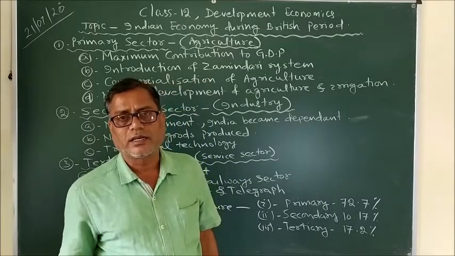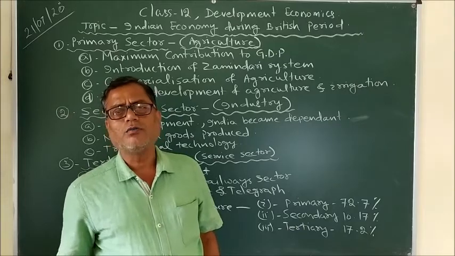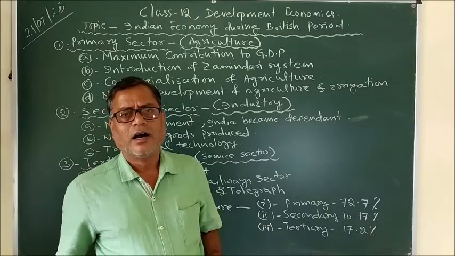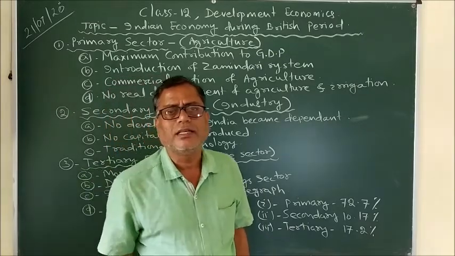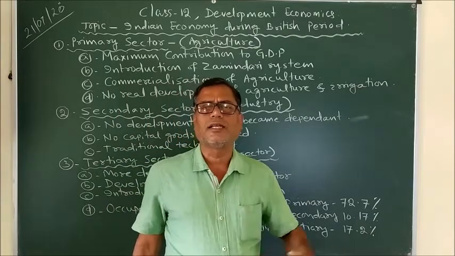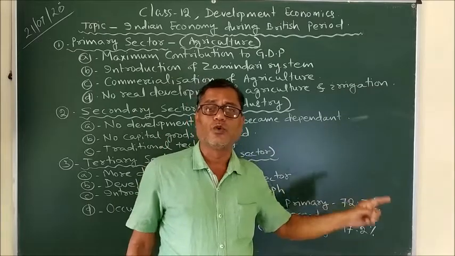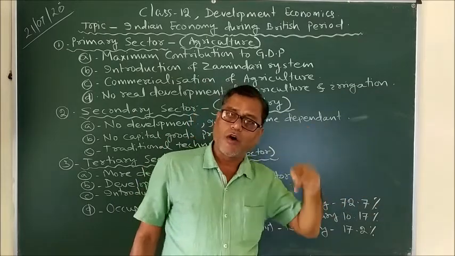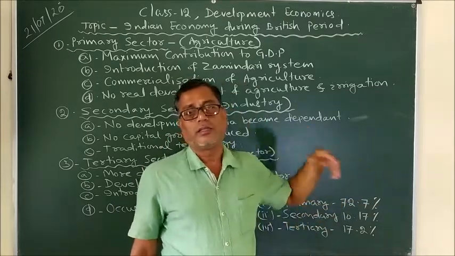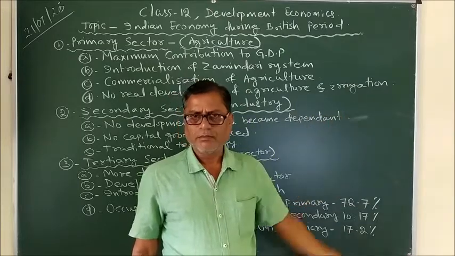The reason is that they always wanted to keep India as a primarily raw material supplying nation, dependent on the finished goods produced from those raw materials, and the processing was done in Britain.